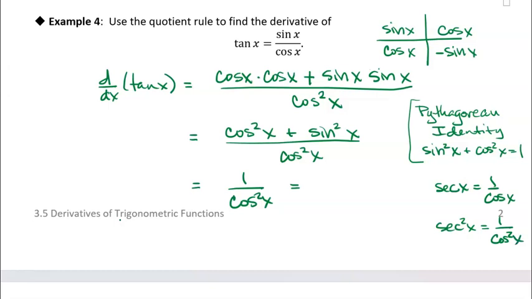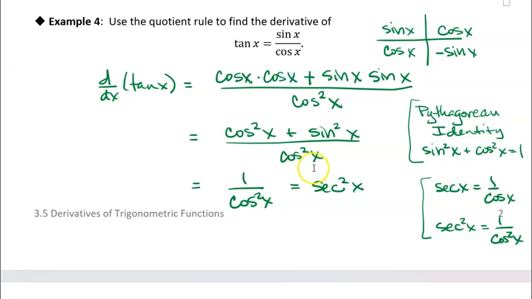So that's the other thing I'm going to use, that 1 over cosine squared is secant squared of x. And now we have a new result that we can just use if we need to. We don't have to derive it every single time. Now we've derived it in general. The derivative of tangent of x is secant squared of x.